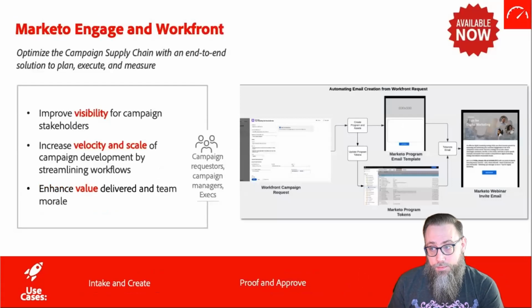Next, under scaling marketing teams was something I call the front door. Since Adobe and Workfront are all under the same umbrella, with the project management tool of Workfront, and this is available now, you can essentially cut a ticket and have that clone a campaign and really automate a big chunk of the campaign construction experience.